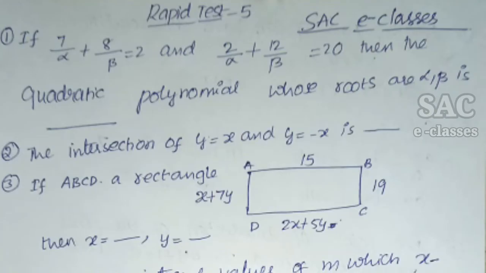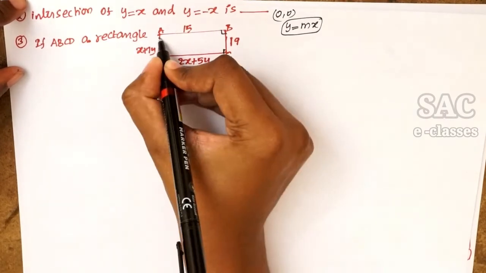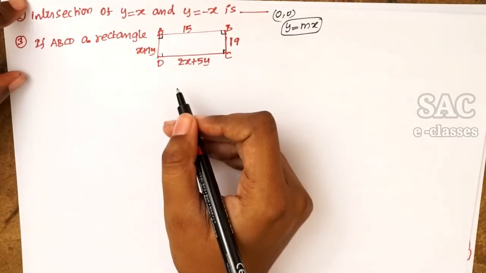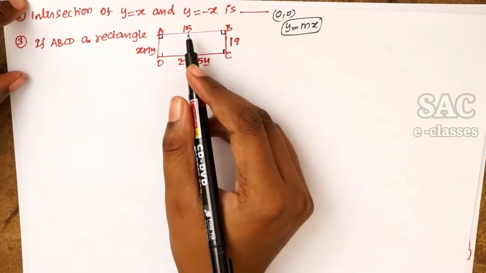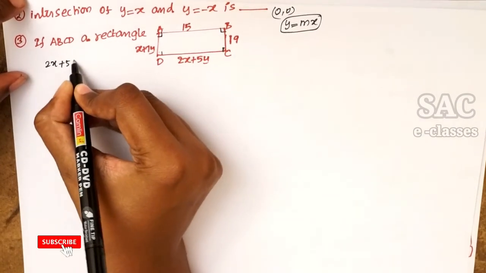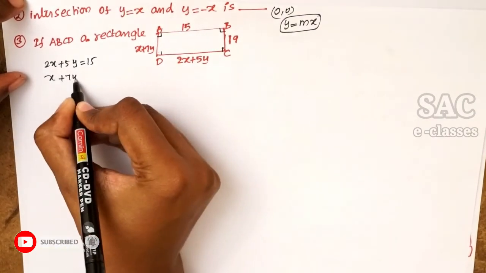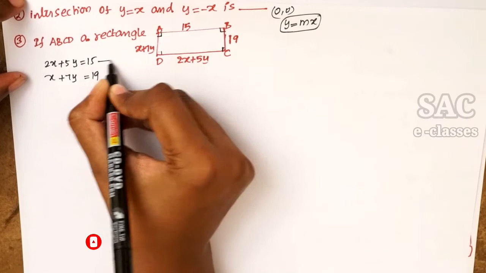If ABCD is a rectangle, then what is the value of x comma y? We know that in a rectangle opposite sides are equal, so 2x plus 5y equal to 15 and x plus 7y is equal to 19. Solve these.